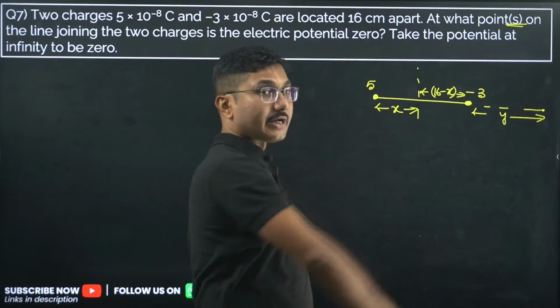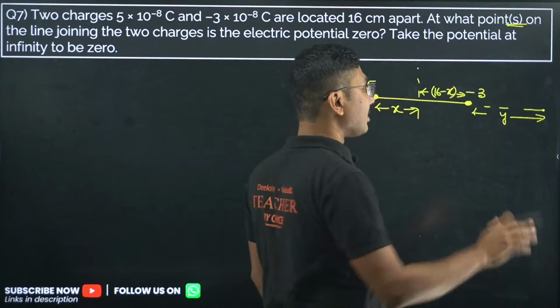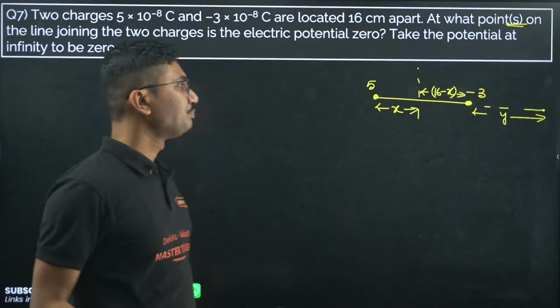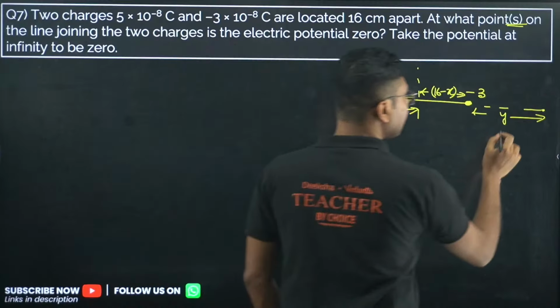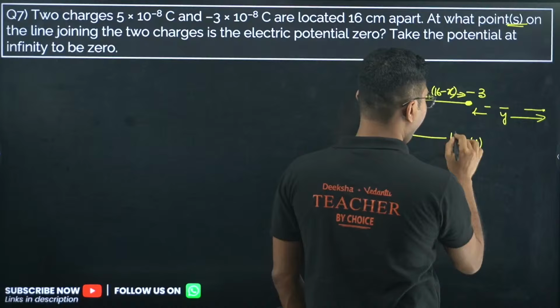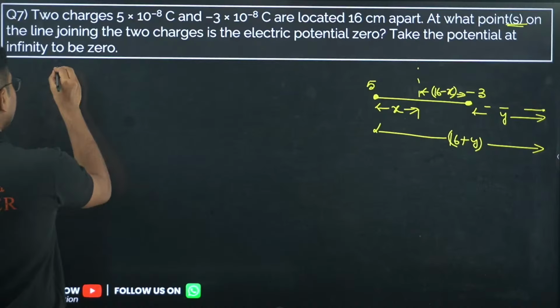Both opposite charges means potential will be 0 somewhere between the charges and somewhere near the smaller charge. So this is x, this will be 16 minus x, this is y, and this will be 16 plus y. Now let's start. First case, case number 1, first point.